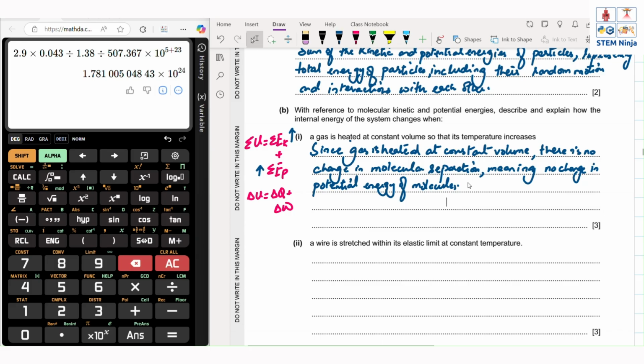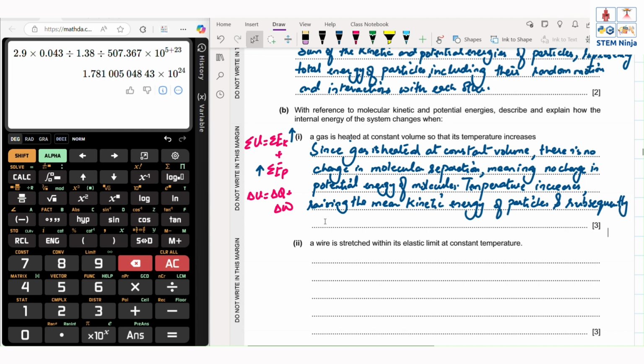The temperature increases, raising the mean kinetic energy of particles, and subsequently the net internal energy of the system, of the gas.